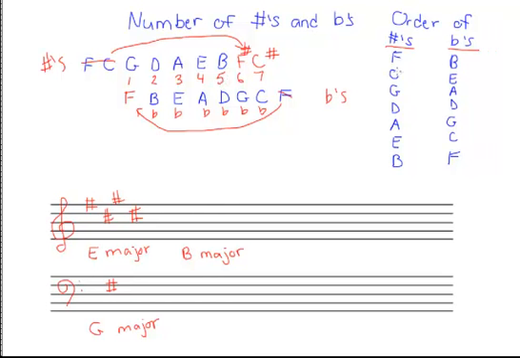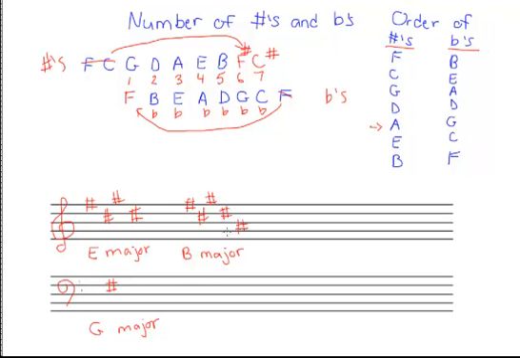Well, it has the first 5 sharps in our original order of sharps: Father Charles Goes Down And. So we'd write them in as such: F, C, G, D, and A, remembering that A goes down the octave here.